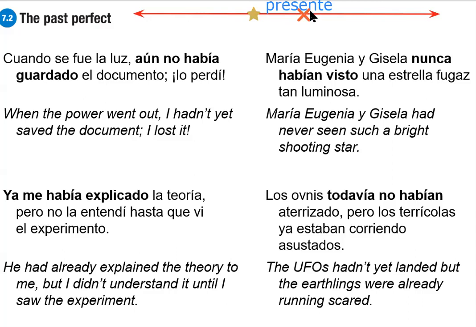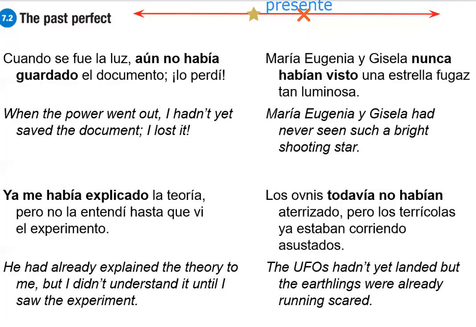Now, if the lights went out right now, the lights just went out, the reference right now is now. So acaban de irse, we might say that it happened just now. We're using the present tense and we're saying that this just happened. But at that point I had not saved the document.